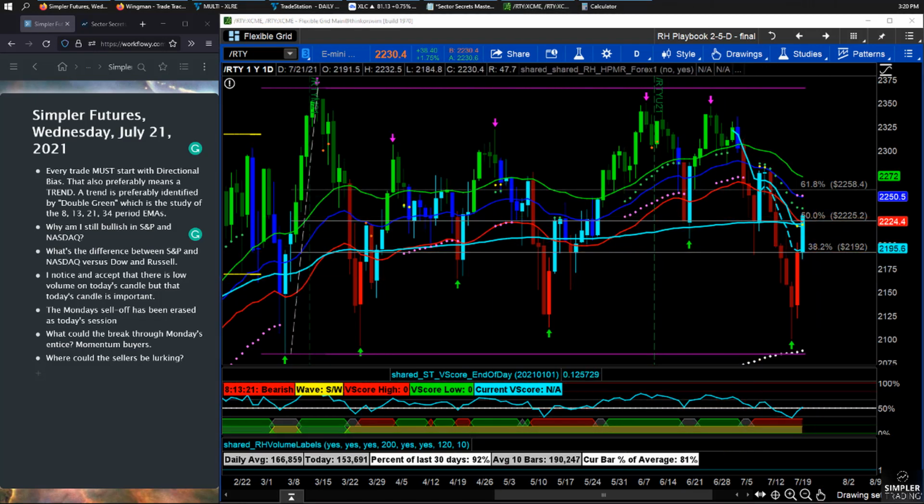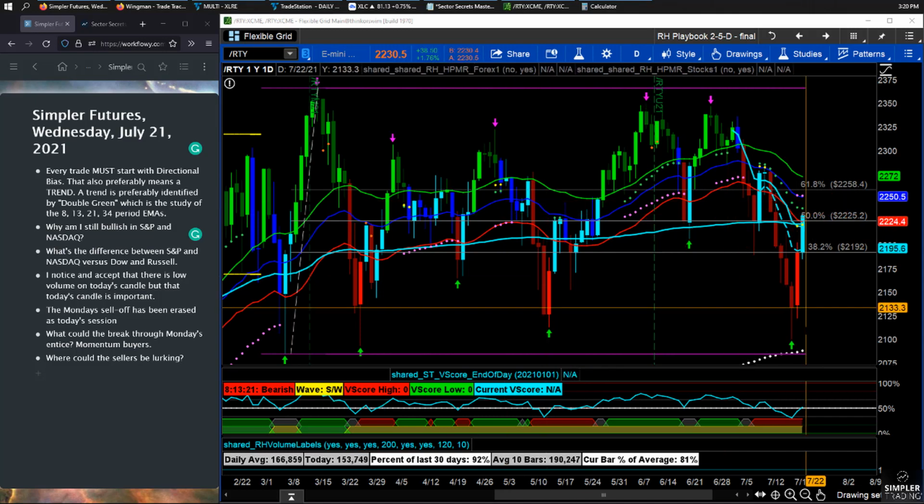But the middle of a range is no man's land. Your opportunities to buy, because the trend that preceded the chop was up, is going to be the lower zone of support. Yes, you can fade the upper end of resistance, this area here, but preferably you'll focus on the long in this area.